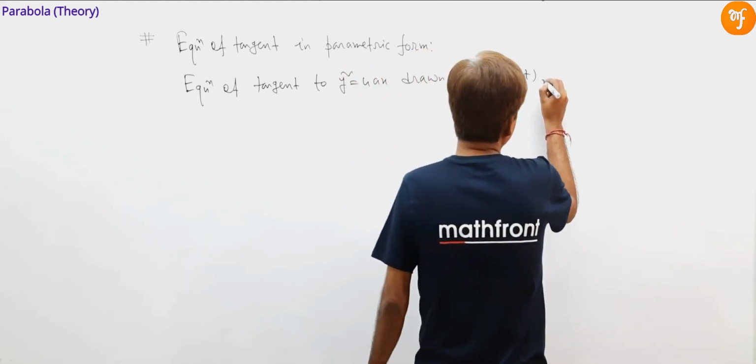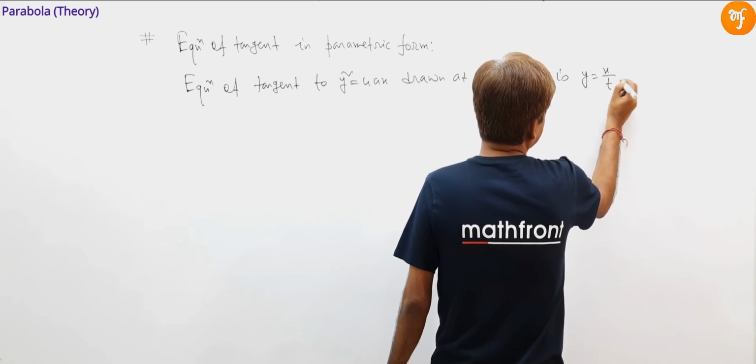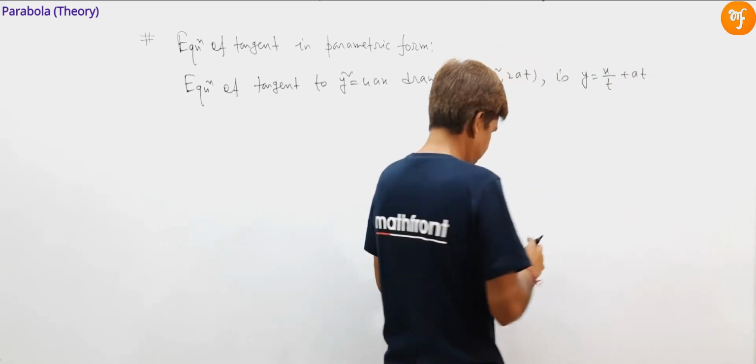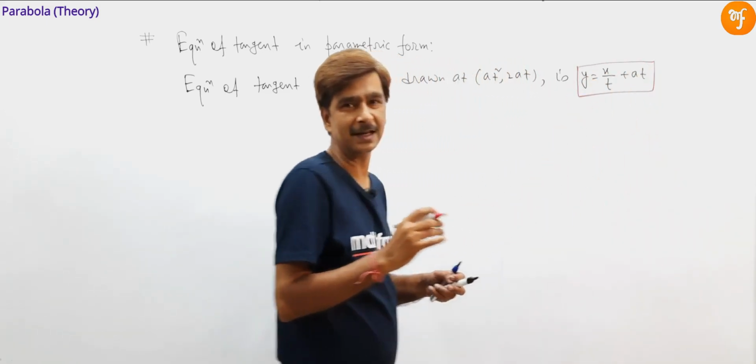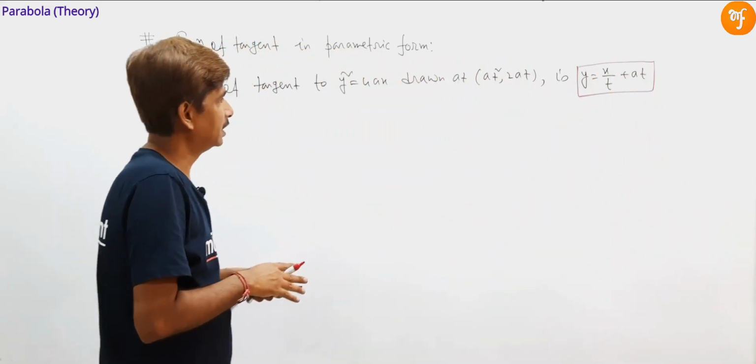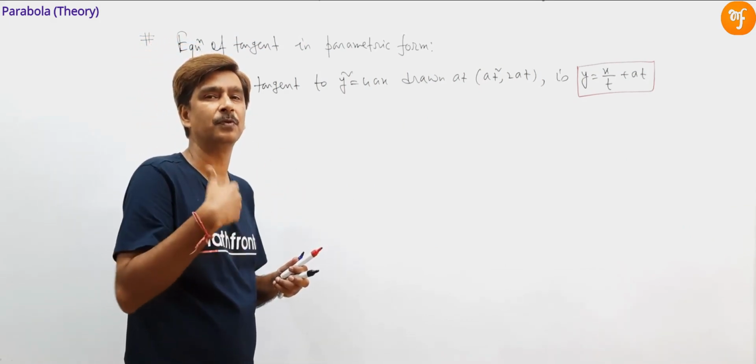The equation will be y is equal to x by t plus at. Okay, so y is equal to x by t plus at. This is the equation of tangent. So if we draw it, it will be clear to us, and together we will prove this also.